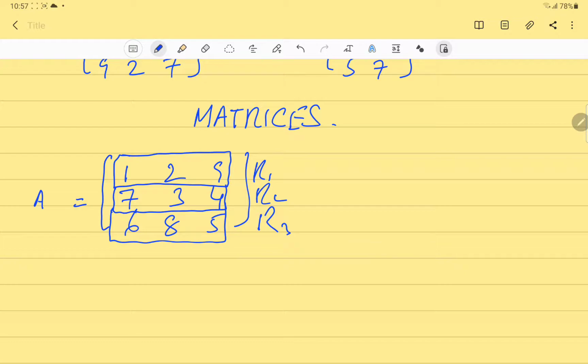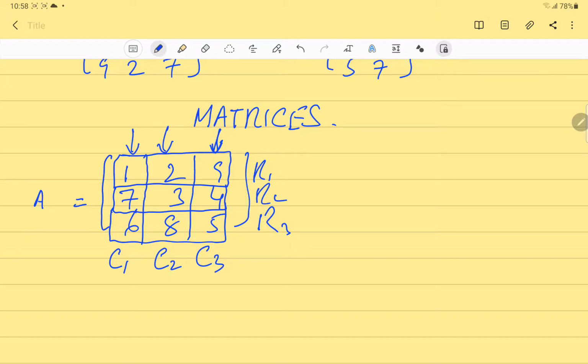Similarly, it has 3 columns. Those columns are column number 1, we will call it C1, column number 2 we will call C2, and column number 3, we will call it C3.